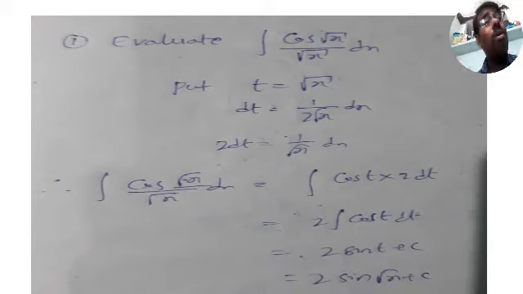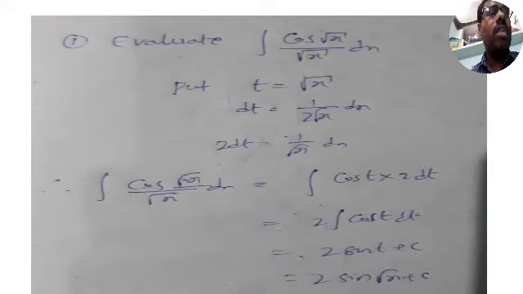They are direct in form. For example, integration of sec square of 2x plus 3 dx. Integration of sec square x is tan x, so this is 1 by 2 into tan of 2x plus 3 plus c. Directly they are in the form.